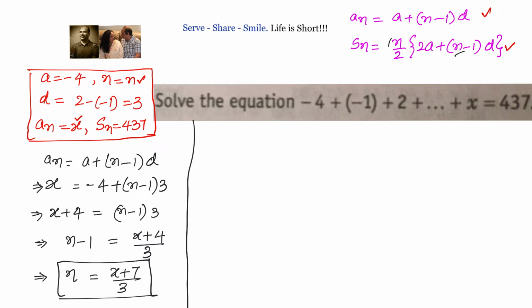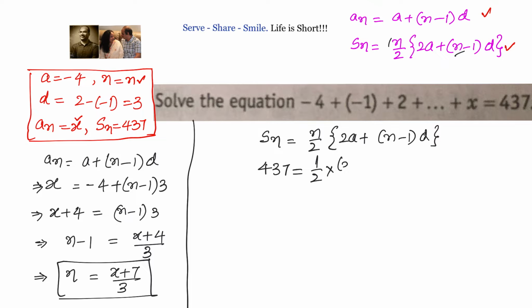Once we are able to get this, let's go to our Sn formula and write down Sn equals n by 2 into 2a plus n minus 1 into d. What is Sn here? 437 equals n by 2, that is 1 by 2 into n, which is x plus 7 by 3. That is what we got here.